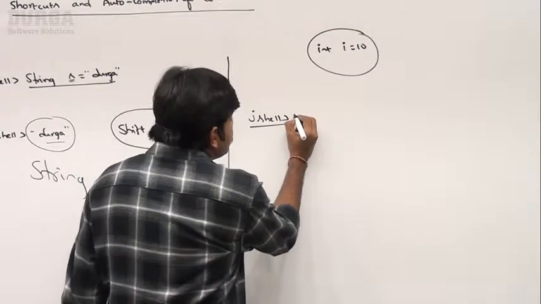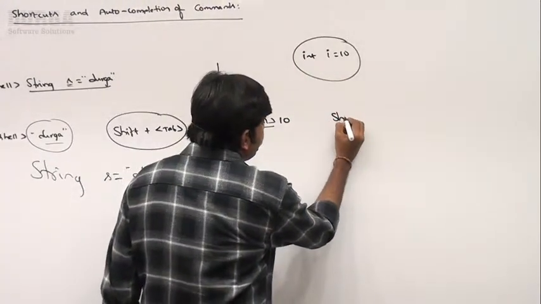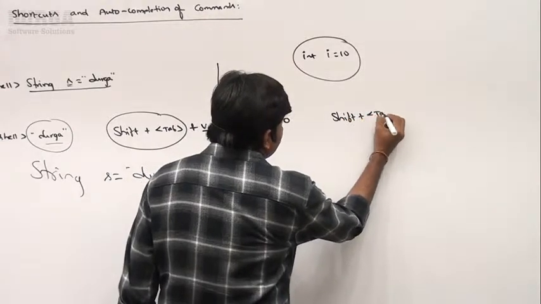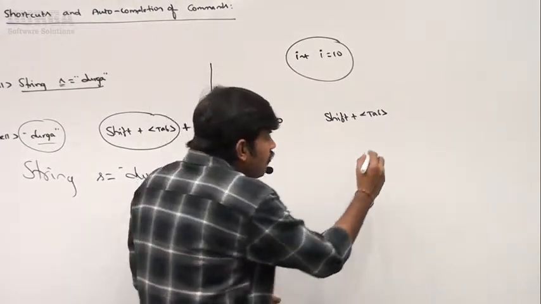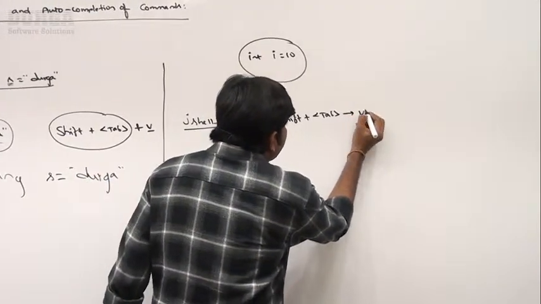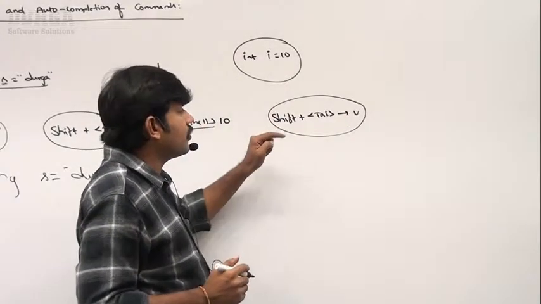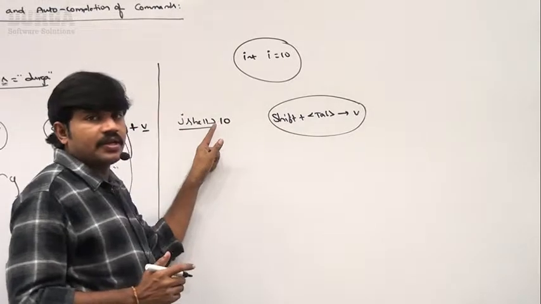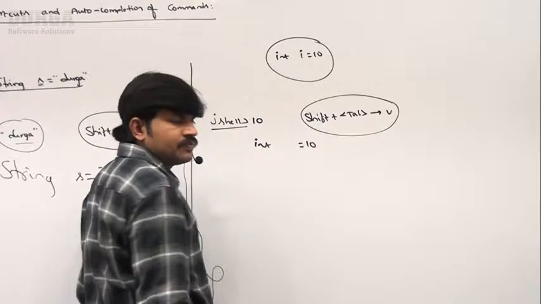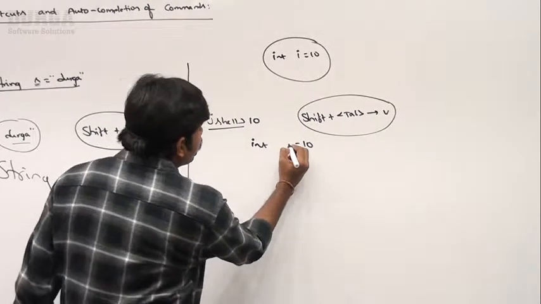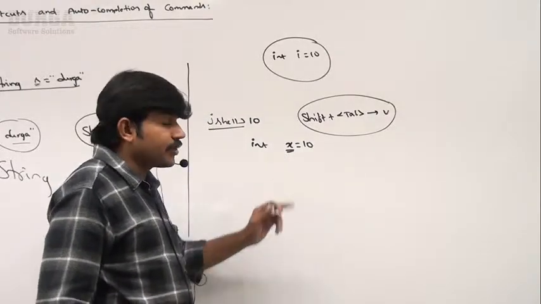What you can do is just type 10, and then Shift+Tab. After Shift+Tab, release, and immediately press V. Shift+Tab followed by V, then automatically the variable will be created. Now the syntax will be int = 10. Now your job is to give the name for the variable. It may be x or it may be i based on your requirement.